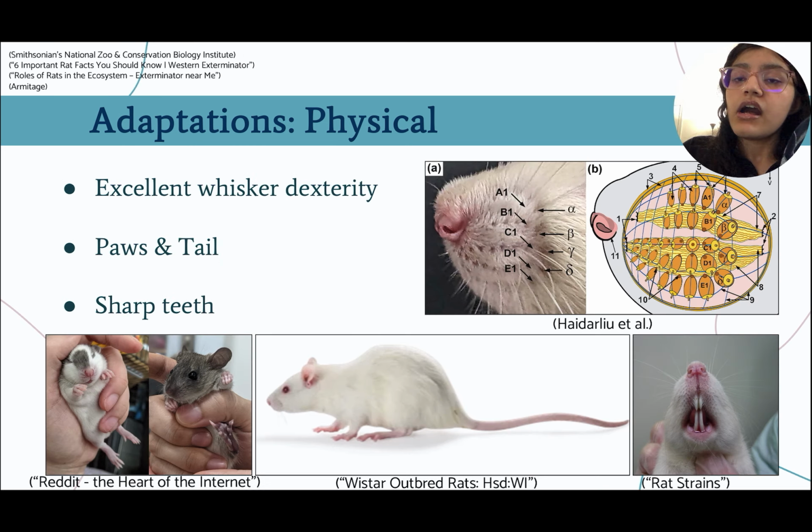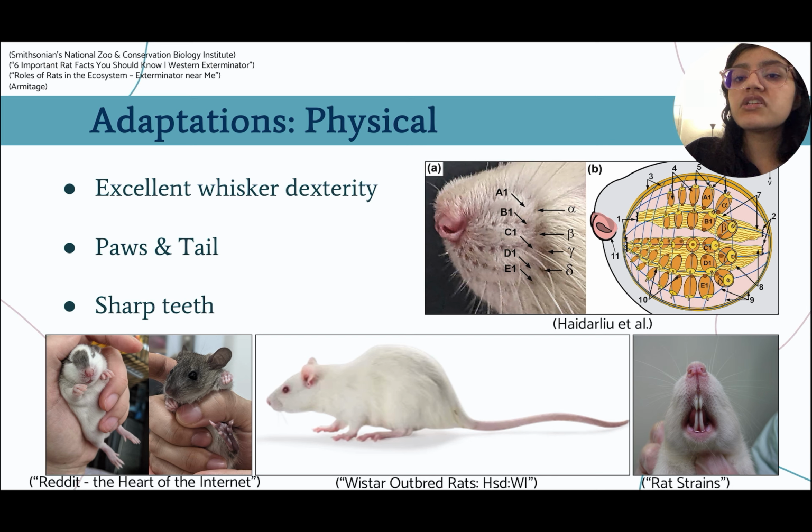Another physical adaptation that Norway rats have is excellent whisker dexterity, which means they can move each whisker individually like a human's finger. If you look at the top right photo, you'll see the orange and yellow diagram of the rat's nose. Those are essentially receptors that allow the rat to move each whisker individually.